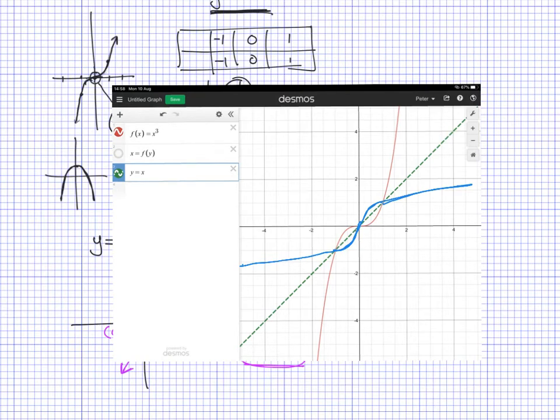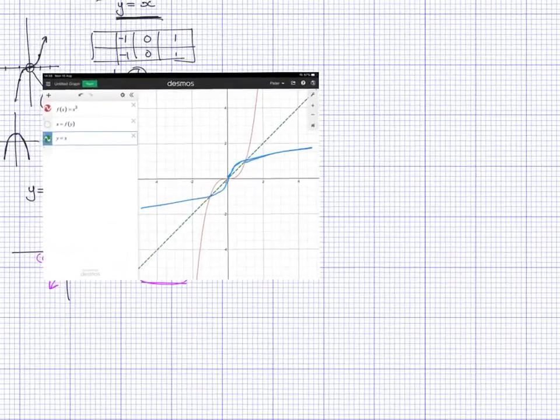Alright, now if you just look at the right hand half from 0 onwards, you can see that it bears some resemblance to a cube root function, which is what the inverse does in fact turn into. So to do that algebraically, I'll show you.